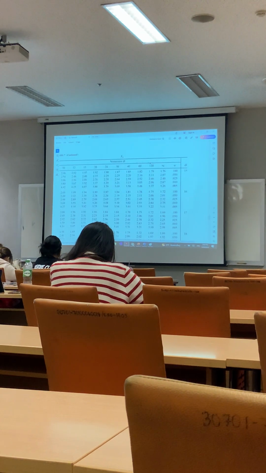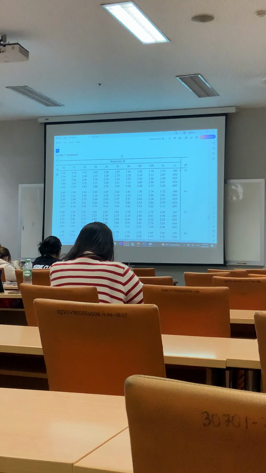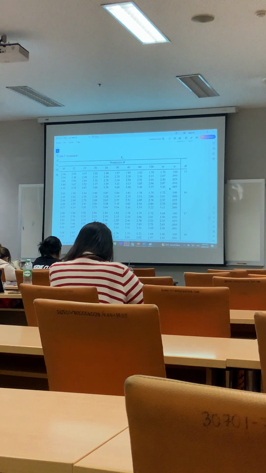And still, if you want a degree of freedom like 35, you don't have it here. So that's why it's easier to use functions to calculate this value using R, because you can specify any numerator degree of freedom or denominator degree of freedom, or any probability as well, the area. Here we fix it to only 10, 5, 2.5, 1, and 0.5. So it's quite limited.